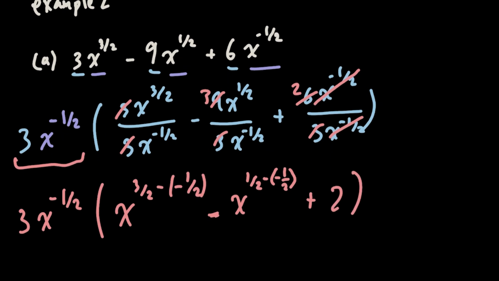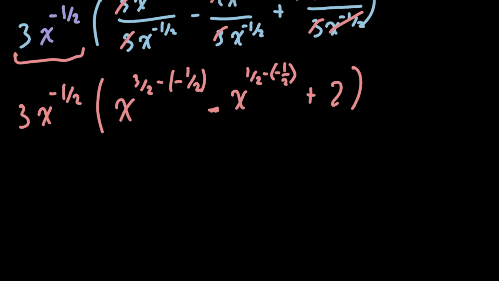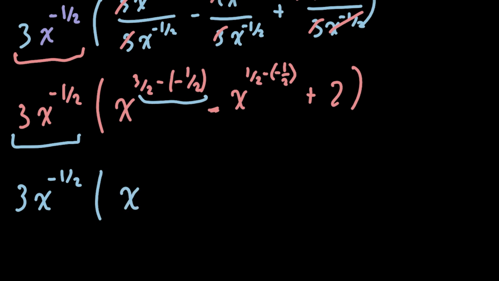Okay, let's see what we will have. This term here would be the same, so we'll just write it down, 3x to the power minus 1 over 2 multiplied by, just notice here we have 3 over 2, plus, because we have minus and minus, 1 over 2.